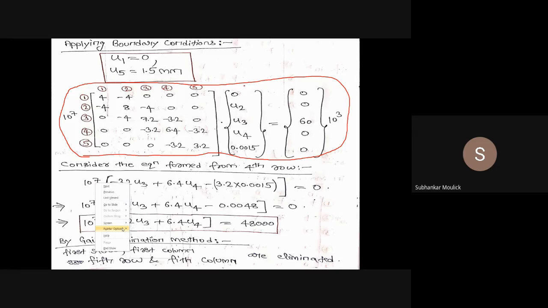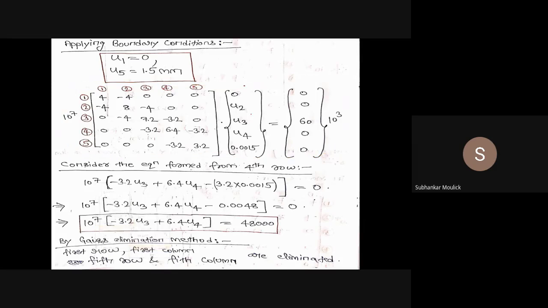Now, in this particular expression, the unknowns are u2, u3, u4. But on the right hand side, this value is 0, this value is 0, F4 is 0, F5 is 0, only F3 has a value.